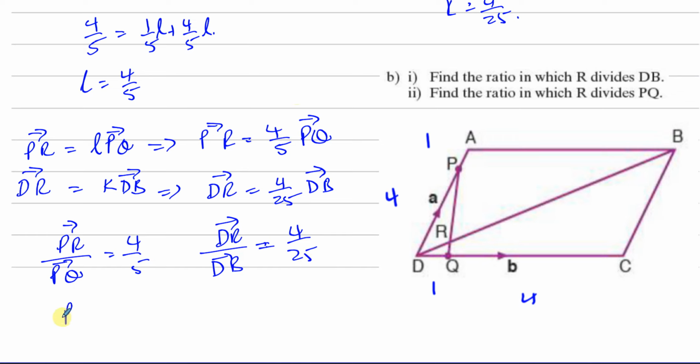So we can write this as the ratio P to R to P to Q is equal to 4/5, and D to R to D to B is 4 to 25.